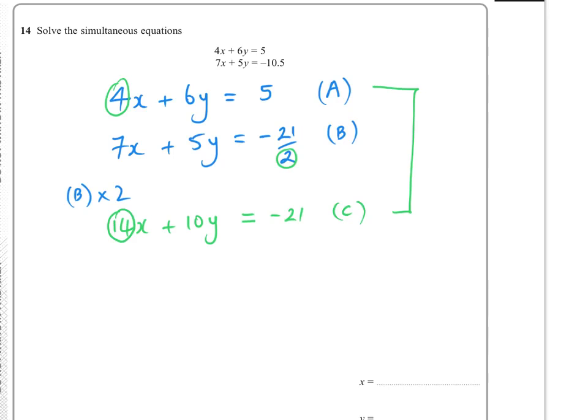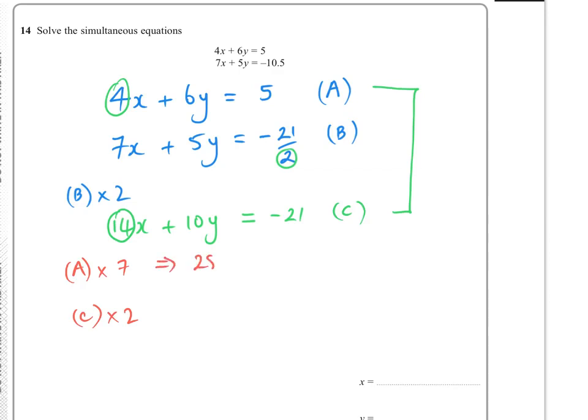You could just times equation A by 14 and equation C by 4. But because 14 and 4 are both even, you could times the top one by 7 to get 28x, and the bottom one by 2 to also get 28x. So I'm going to do equation A times 7 and equation C times 2, but you could do 14 and 4, it doesn't really matter.